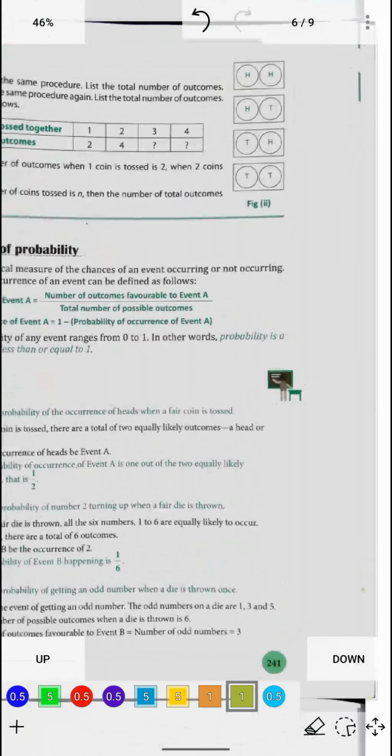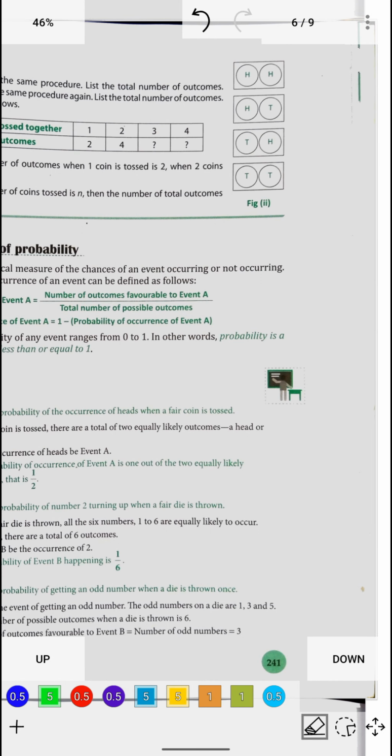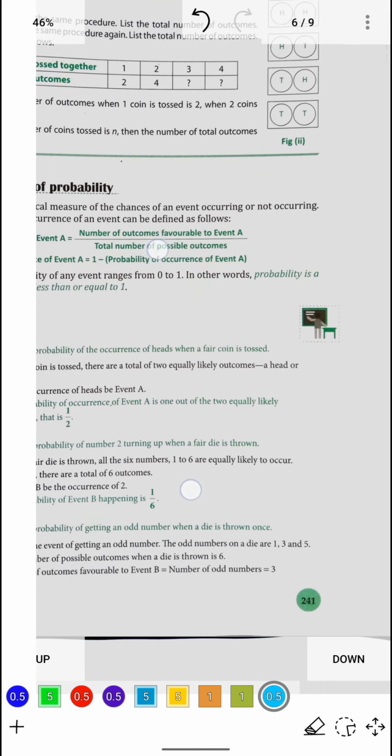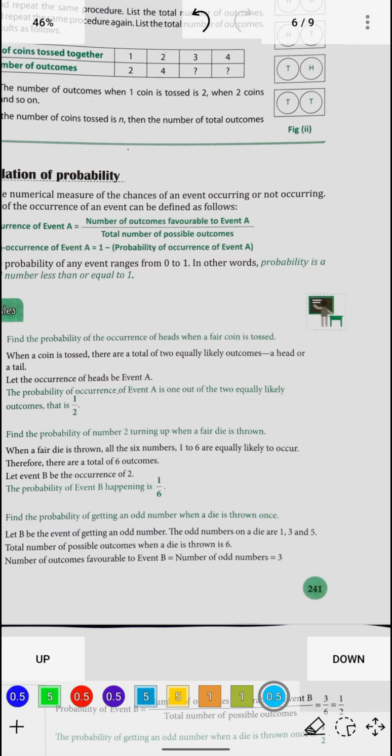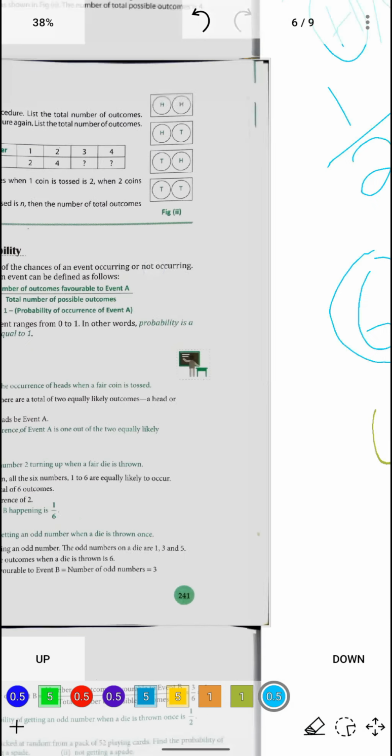So if we take the formula here, number of outcomes favorable to the event, if we assume the event of getting an odd number as event B, then the numerator is going to be 3, because there are 3 different outcomes that are favorable to the event of getting an odd number.